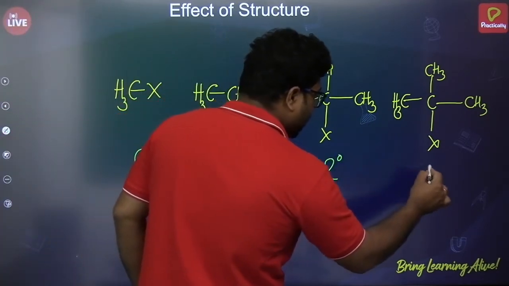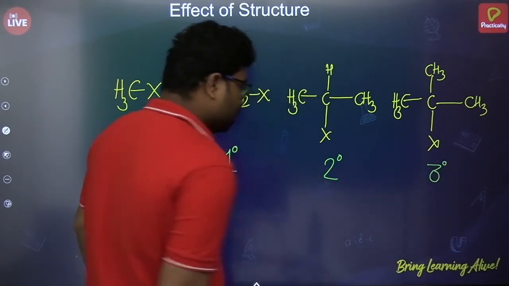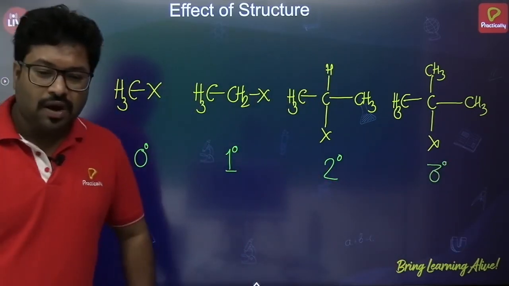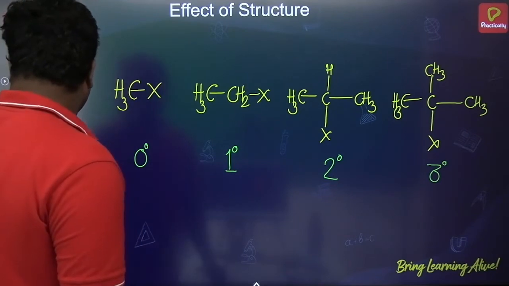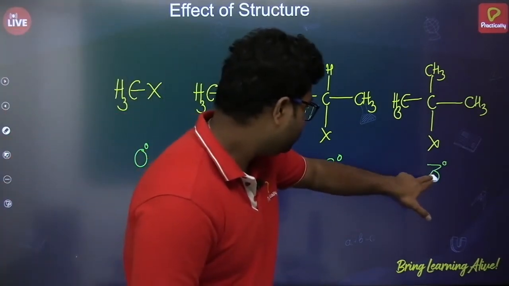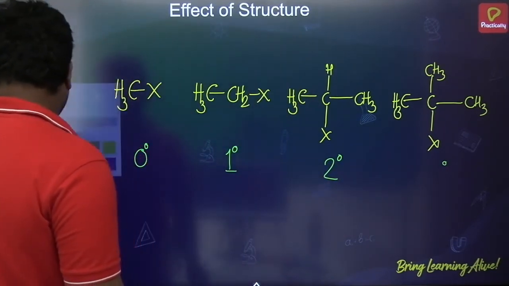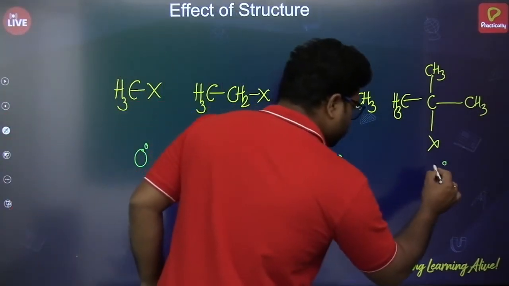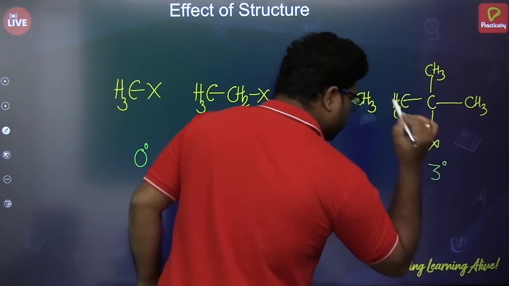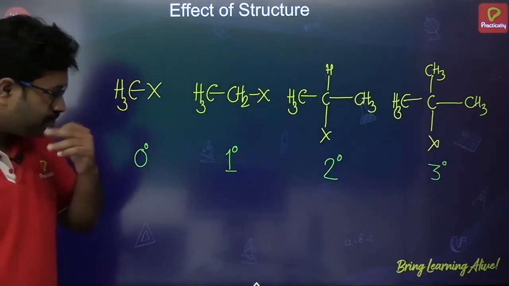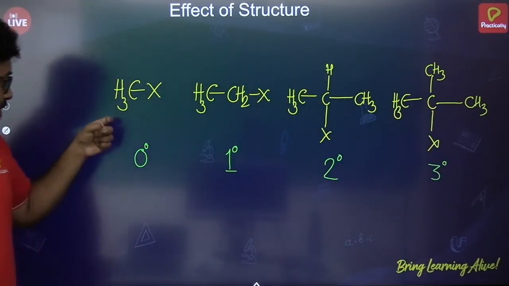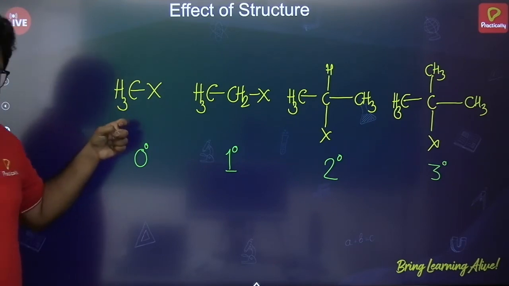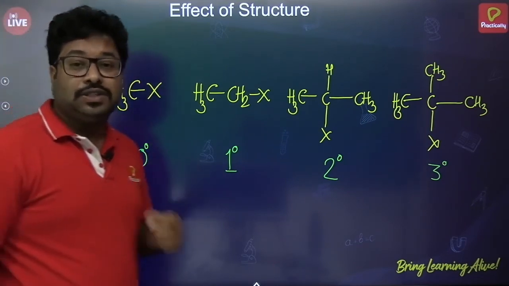Secondary and, okay. Now, that 3 is looking something odd, no? So I will write it again. Yeah, 3 degree. Now, see, in SN2, this reactant was the fastest to react.